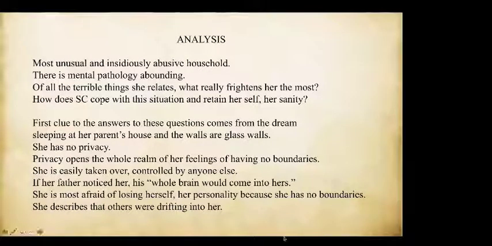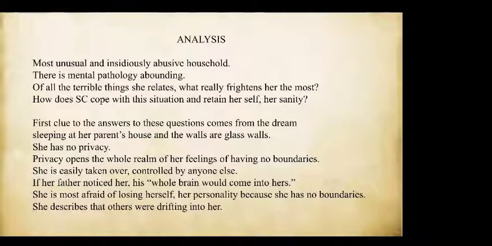Well, the first clue to the answers to these questions comes from the dream. Sleeping at her parents' house, the walls are made of glass. She has no privacy. So privacy opens up the whole realm of her feelings of having no boundaries. She's easily taken over, controlled by someone else. If her father notices her, then his whole brain would come into hers.